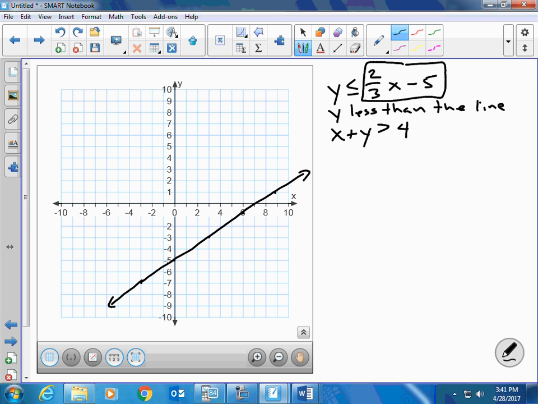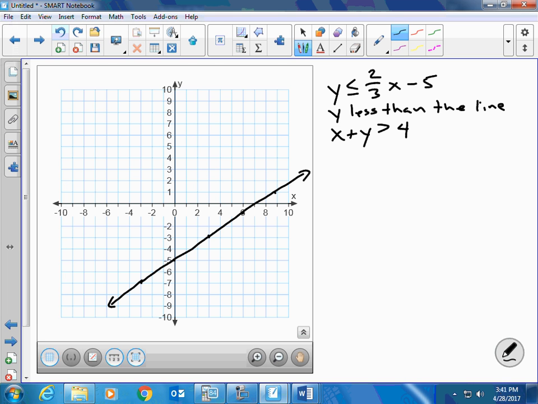Well, that's the line. Every xy coordinate on the line, the y is equal to the x value. So if I read this as y needs to be less than the line, then that's pretty easy.